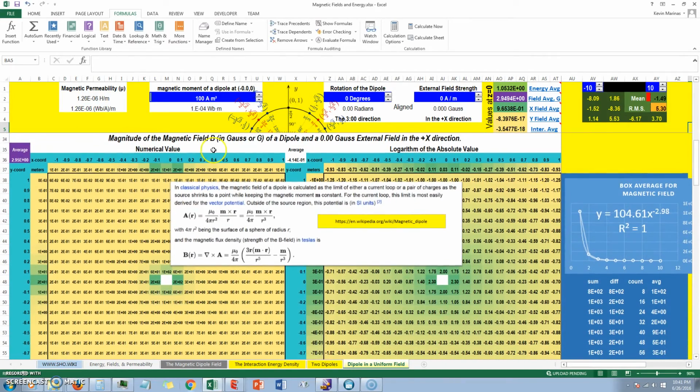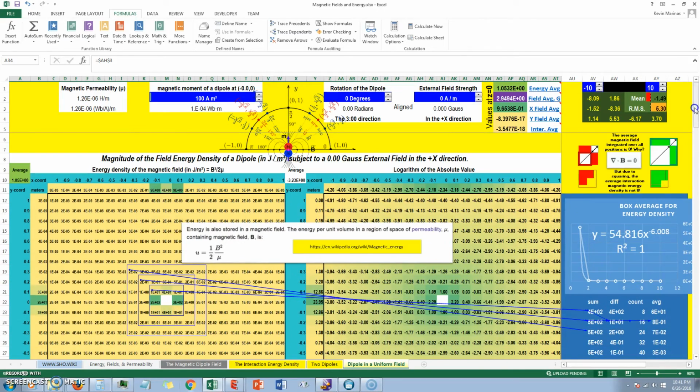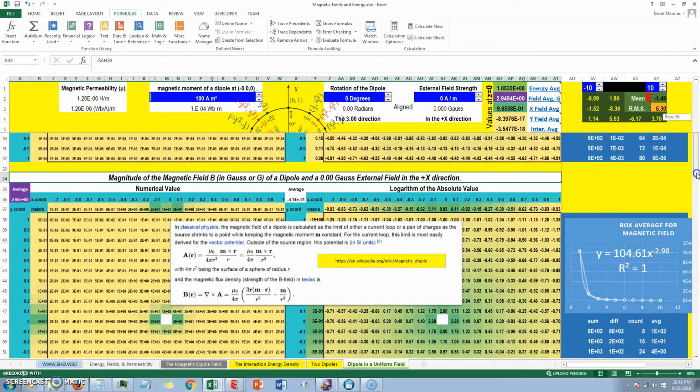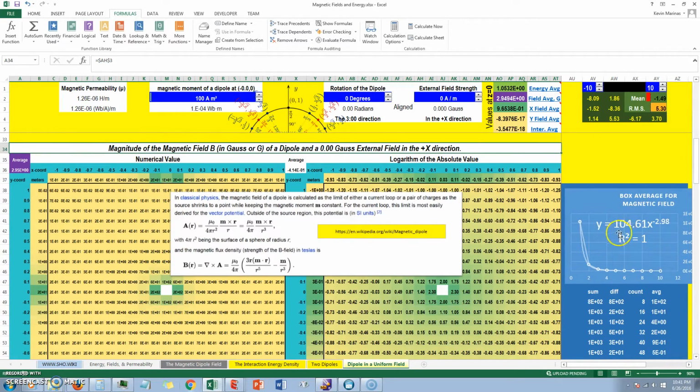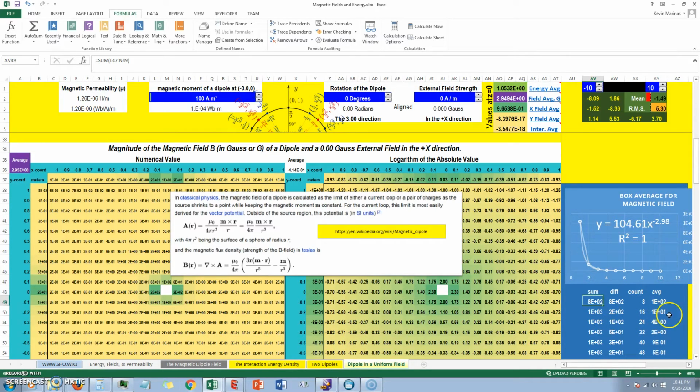Okay, so the magnitude of the magnetic field B is squared in the process of getting the answer for the energy density in the magnetic field. So the magnetic field averaged around here. Let's go ahead and trace this one.